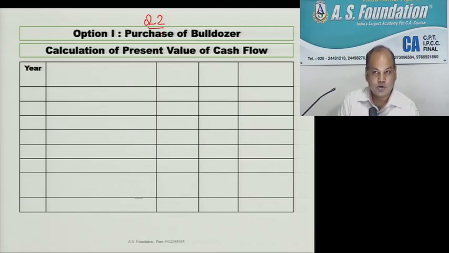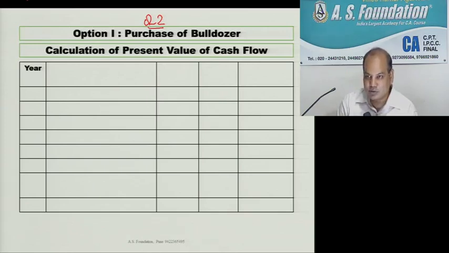So this is a choice between purchase or hire. Lease, hire, purchase or lease. Okay, whatever. So first I will write down option 1: purchase the bulldozer. You will purchase the bulldozer by borrowing rupees 1 lakh, pay interest for 2 years, repay the loan after 2 years, sell the bulldozer after 2 years and claim tax shield on interest and depreciation.